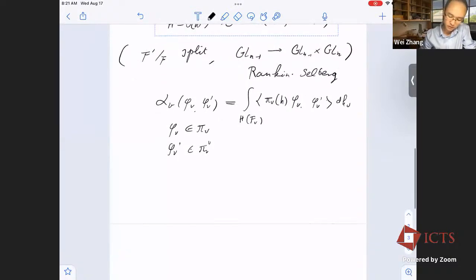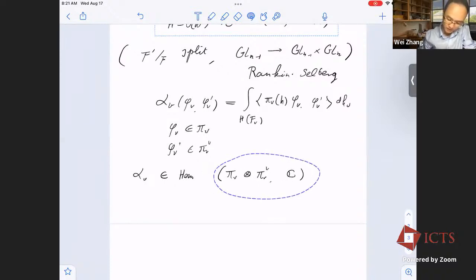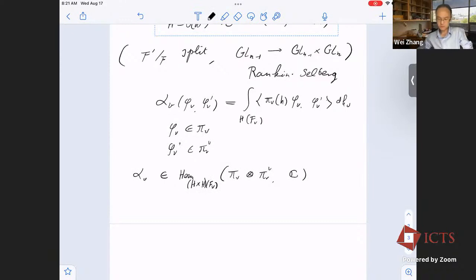The role it plays is that it has a very good invariance property. This is a linear functional from pi_v tensor pi_v dual to a complex number which is bi-invariant. It's invariant under both factors, so it's H times H. It's a canonical construction when you double this space, pairing pi_v and pi_v dual together.